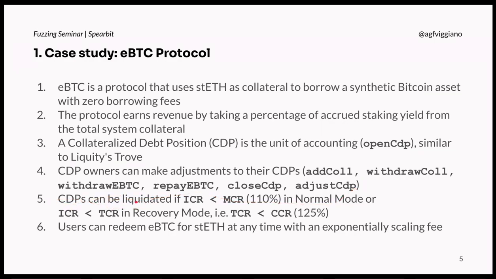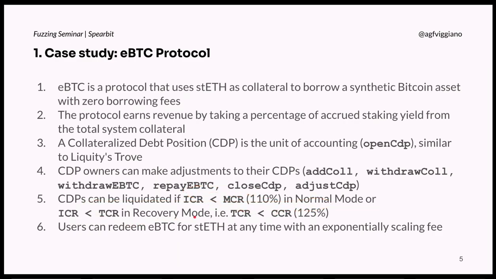In order to guarantee the health of the system, there's a liquidation mechanism where unhealthy CDPs, meaning CDPs with an individual collateralization ratio below the threshold of 110%, can get liquidated, and the liquidator can take a percentage of the collateral at a discount, so that they are incentivized to do that.